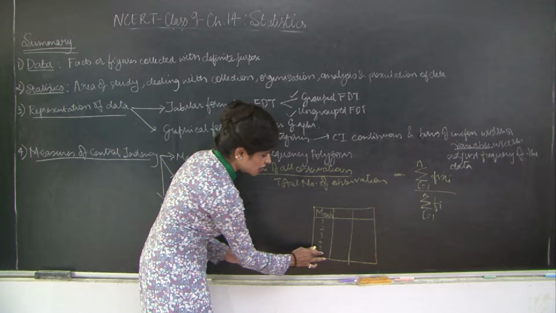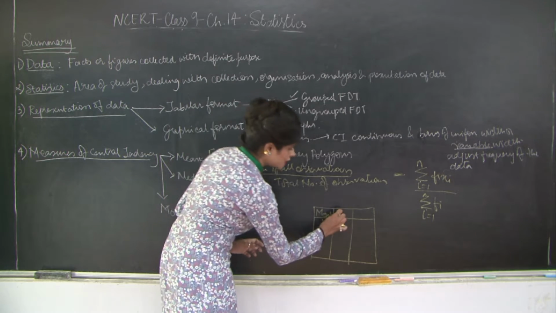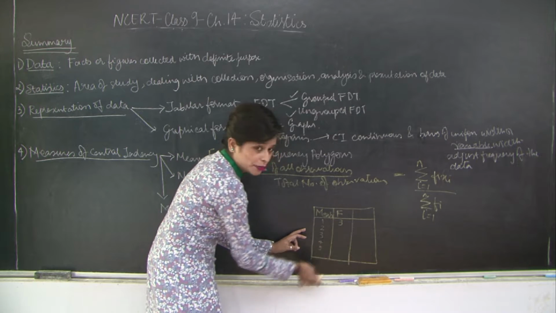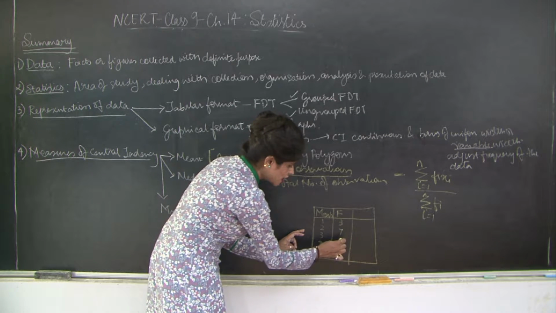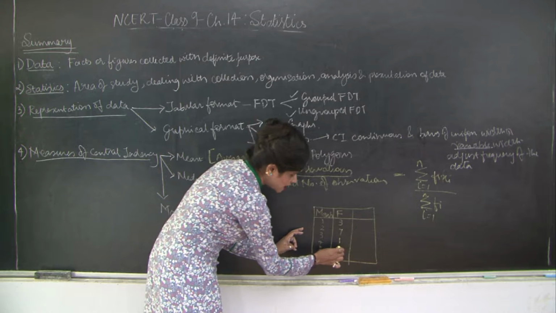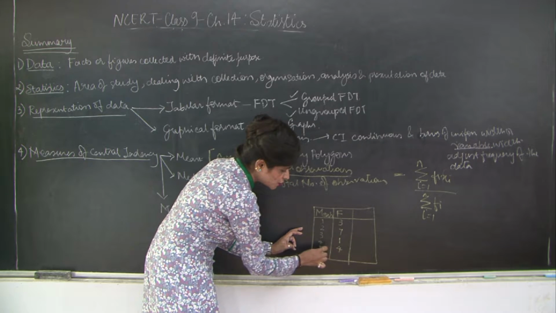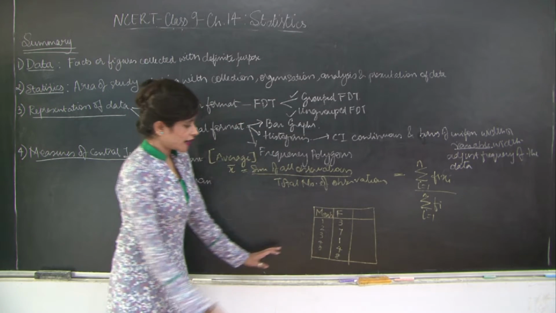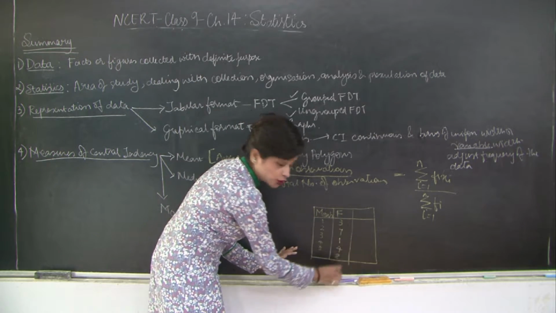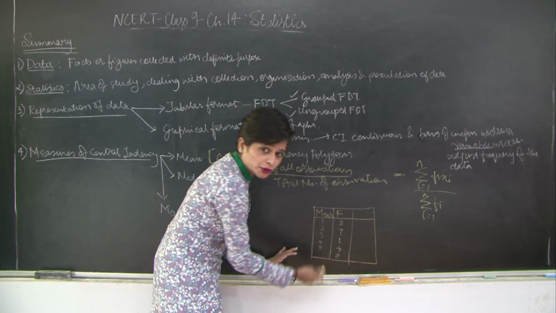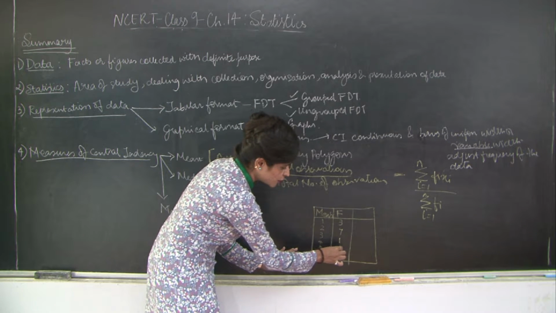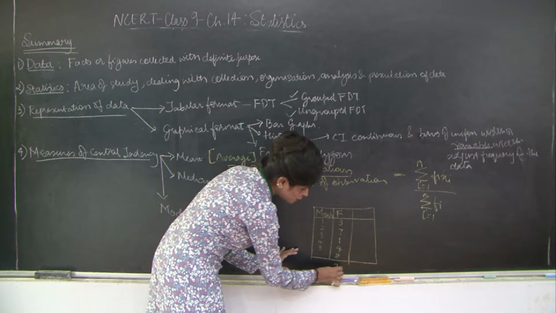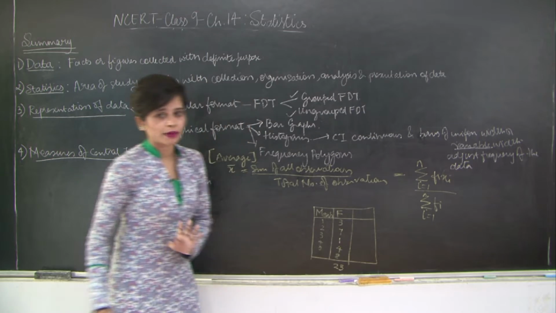Okay, so let me just take marks from 1 to 5, and if I give the frequency that is 3 students secured 1 mark, 7 students secured 2 marks, then 1 student secured 3 marks, 4 students secured 4 marks and 8 students secured 5 marks, right? So when you total these up, you will get the total frequency or the total number of students that are present. So 8 plus 4, 12, plus 1, 13, plus 7, 20, plus 3, 23. So 23 are the total number of students.